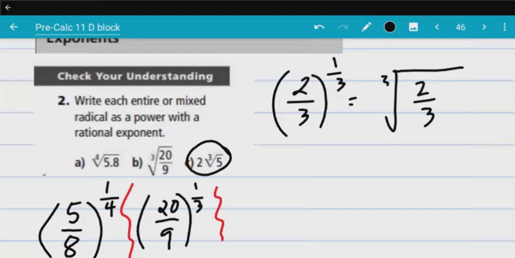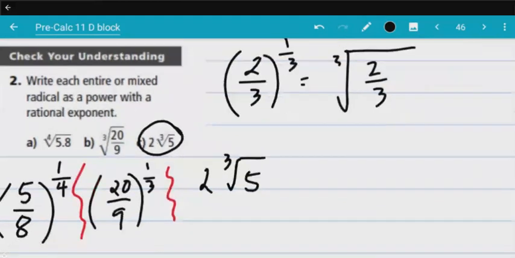So that means the 2 and the cube root of 5 requires me to put that 2 inside the radical symbol, which means if I put the 2 inside, which will be multiplied by the 5, I will give it the same exponent as the radical.